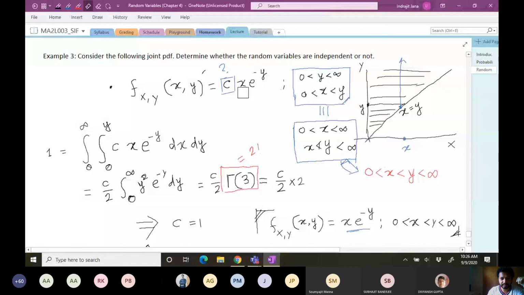So this is a product of independent functions of x and y, so there was a possibility that x and y could be independent. The only problem was that the domains of x and y are interdependent. So y is from 0 to infinity, but the domain of x depends on y. Because of that, x and y are not independent.